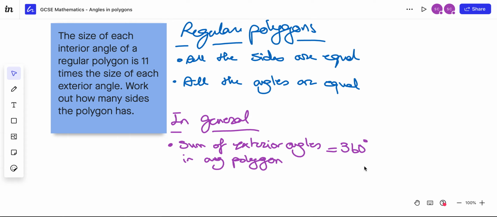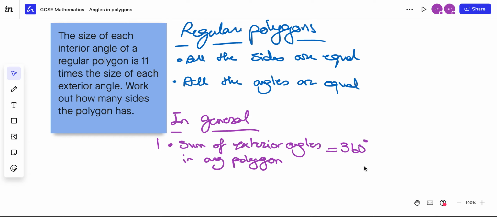There is a fantastic video on Maths is Fun showing how the sum of exterior angles in any polygon equals 360. I will add that later, or cover it in another session, because I would like to get through this question as soon as we can. So that was one of the facts.